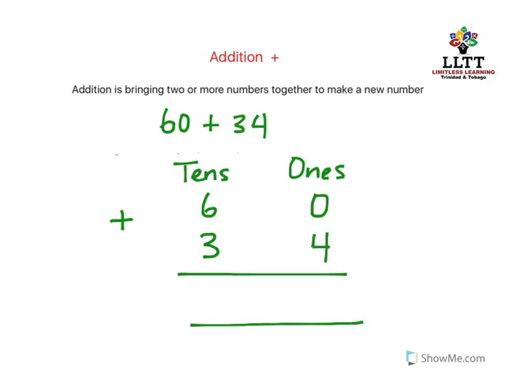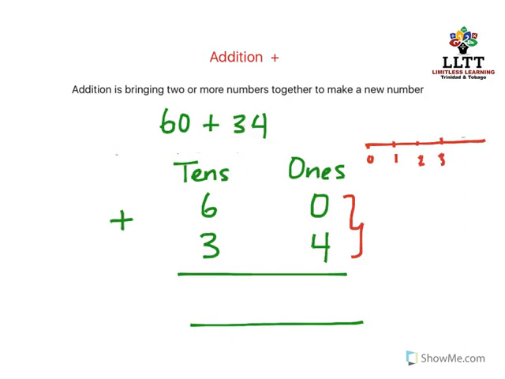So the first thing that I want to do is look at my ones. So I'm going to be concerned with my ones. That's this column here. Under ones I have 0 and 4, and I'm going to add these together. So 0 plus 4. And if you don't know how to add 0 plus 4, we start at 0. We make a small number line.